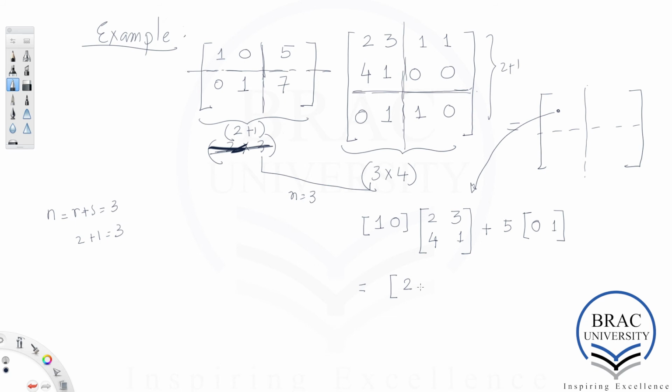So this is going to be 2, and this is going to be 3, and this is going to be 0 5. So that finally we have 2 8, right? So this block is 2 8, not 28. This is 2 8. Okay, so similarly we can find this block by doing this calculation.